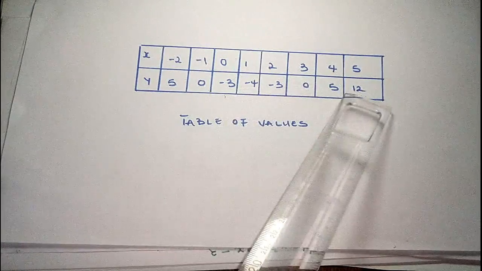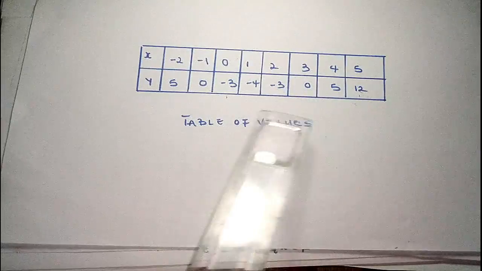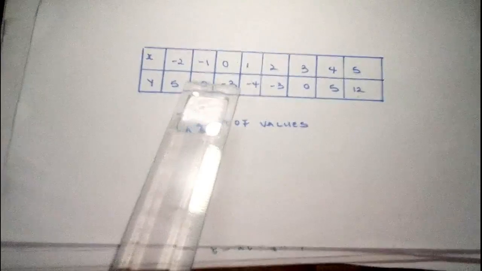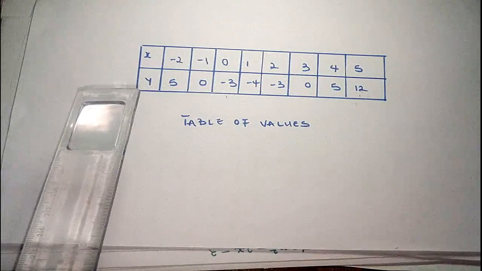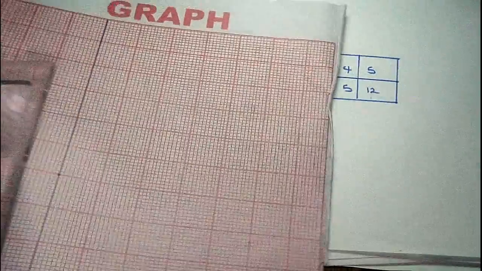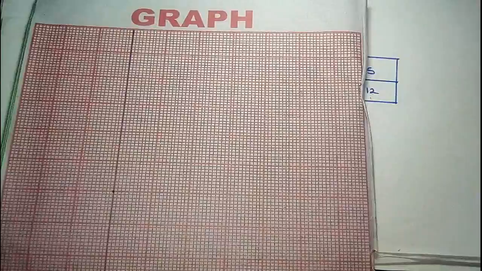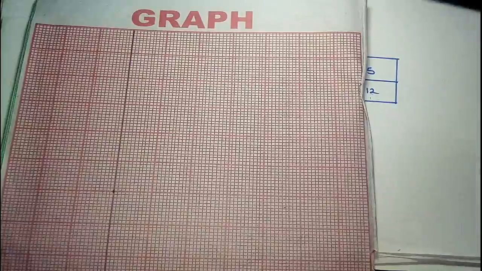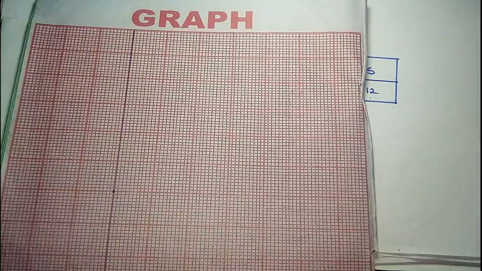So we're going to pick the highest value so that we know if the x-axis will come up or come down, and obviously it's going to come down because 12 is a pretty high value on the graph paper. So we're just going to bring the graph now, and the thing you need to do is to start from the top, that is 12, and count down. Now let's assume the scale is 2 centimeters to 1 unit.